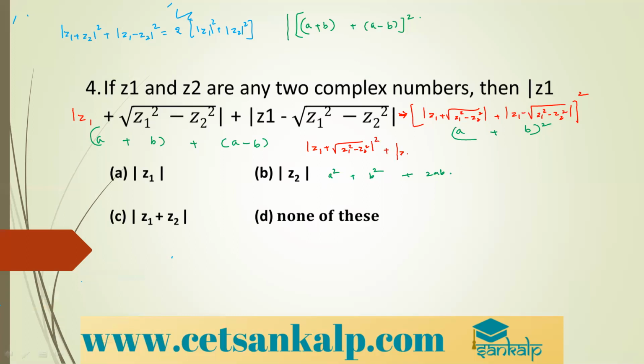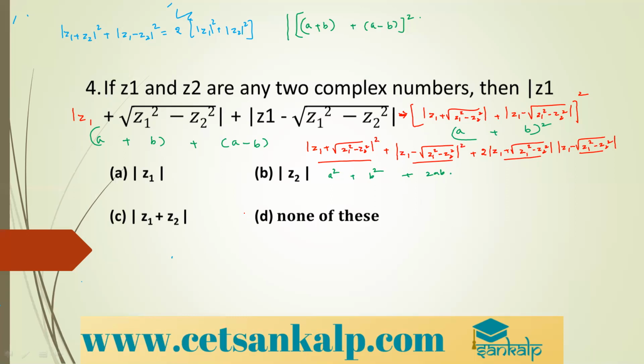Then B, Z1 minus square root of Z1 square minus Z2 square is my B, which I will square. Then plus 2 times, this is my A, Z1 plus square root of Z1 square minus Z2 square, into this is my B, Z1 minus square root of Z1 square minus Z2 square. So this is A square plus B square plus 2AB.